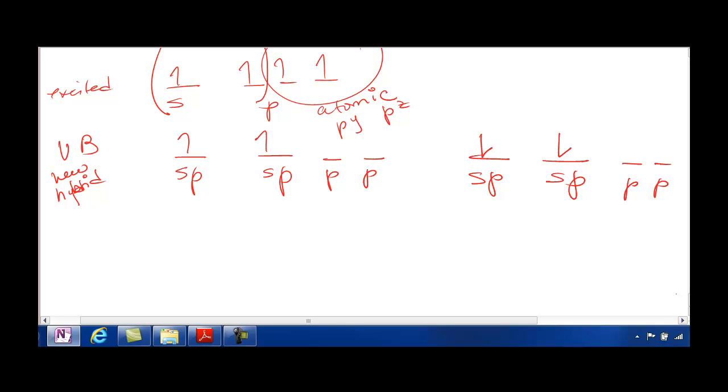So then I go, okay, how many hydrogens do I have? I have a total of 2 hydrogens. Each one of the hydrogens is a 1s. So I'm going to put 1 hydrogen there and another hydrogen on the other carbon.